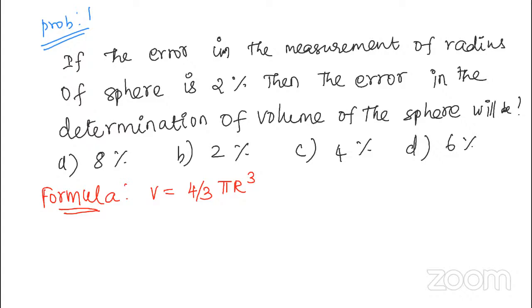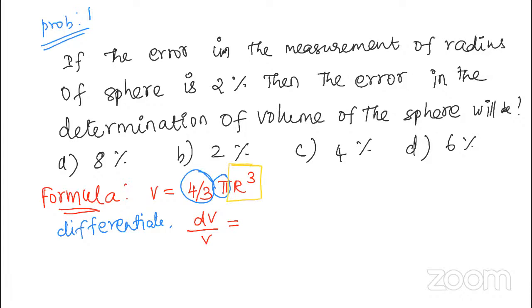So first we differentiate this. dV by V is equal to, for 4 by 3 which is a constant, it is 0, and pi is also a constant, so it is 0. When we differentiate a constant, its value is 0, so we neglect those. We take only r cube. Differentiating r cube gives 3 into dr by r.